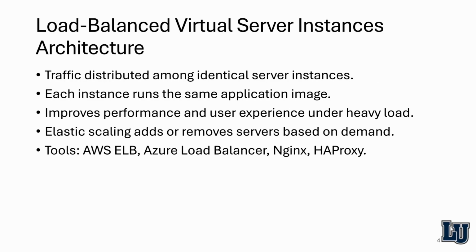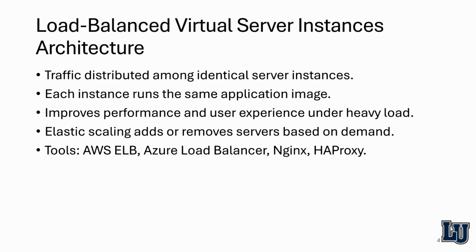Here we focus on balancing traffic between servers. Each instance runs the same app, built from the same image, so they are interchangeable. A load balancer watches incoming requests and decides who handles what. It may use rules like least busy server or round robin. When traffic spikes, let's say on Black Friday, the system automatically adds more instances.